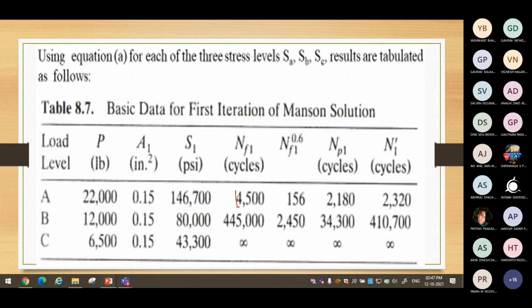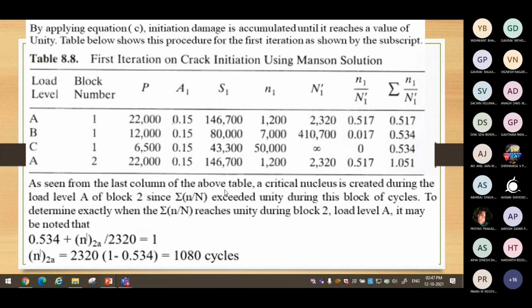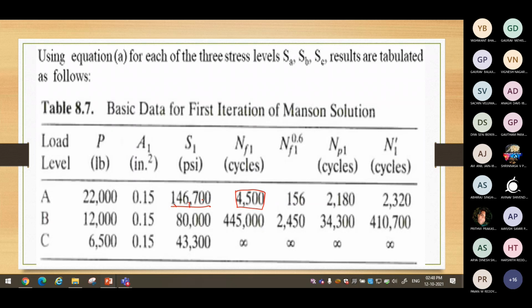If the total life of the component is 4,500, what you are getting from the SN diagram when you apply 146,000 cycles of load or stress, you are going to find total life as 4,500. This is total NF or NT, whichever you want to put.